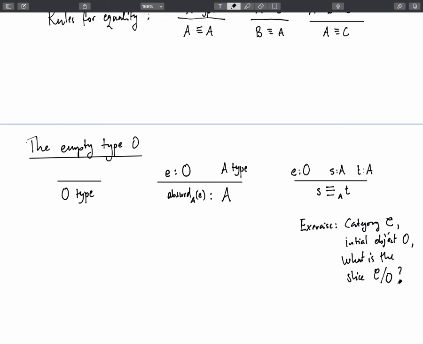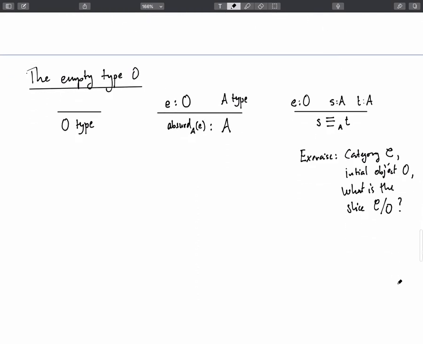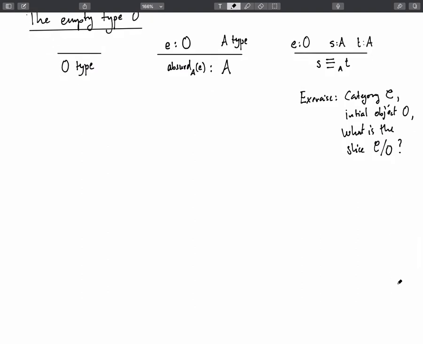That's like saying you're over the empty space. It shouldn't be terribly interesting. Okay, so that's the empty type. It's super boring. Let's do something more interesting.